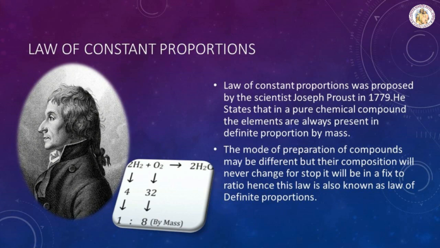He observed compounds with two or more elements and noticed that each such compound had the same elements in the same proportions, irrespective of where the compound came from or who prepared it. For example, water obtained from different sources like rain, sea, well, and river will always consist of the same two elements, hydrogen and oxygen, in the ratio 1:8 by mass.